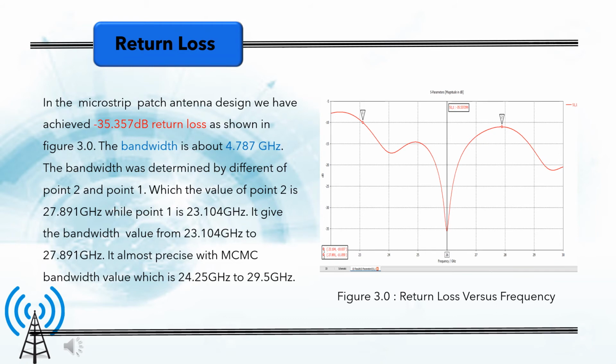It gives the bandwidth from 23.104 GHz to 27.891 GHz. It is almost precise with the MCMC bandwidth value, which is 24.25 GHz to 29.5 GHz.